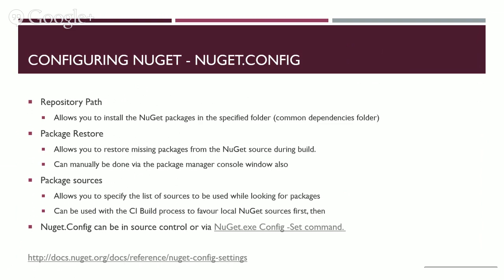So NuGet itself has a nuget.config, which I alluded to earlier, and there are a few key points in there that really improve productivity and make things a lot easier to work with. One of which is the repository path, and I've seen lots of projects use the packages folder in that specific project. So if you've got different tags, labels, branches, they'll all have their own packages folder and you're duplicating DLLs for each individual tag, label, or branch.